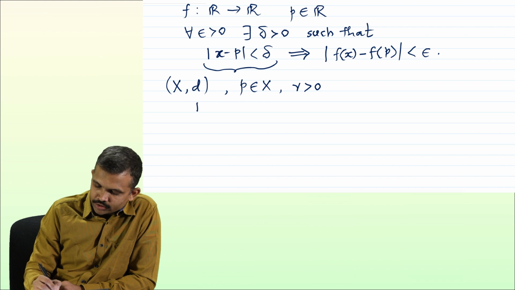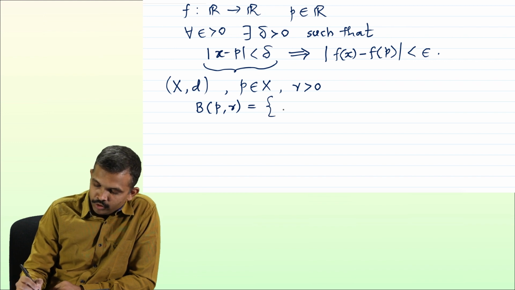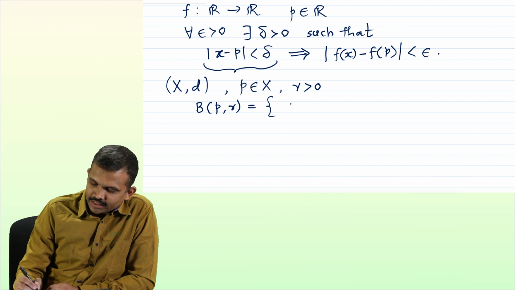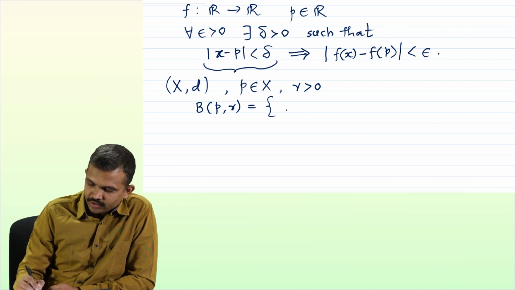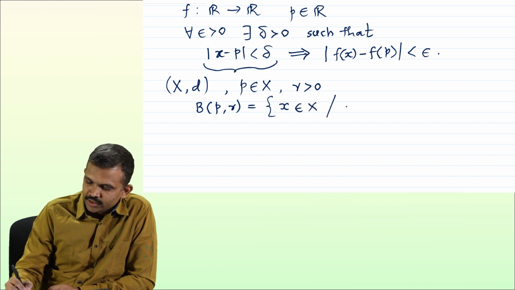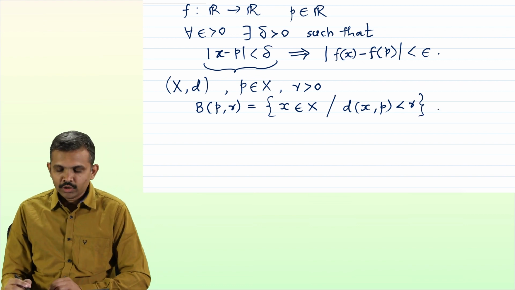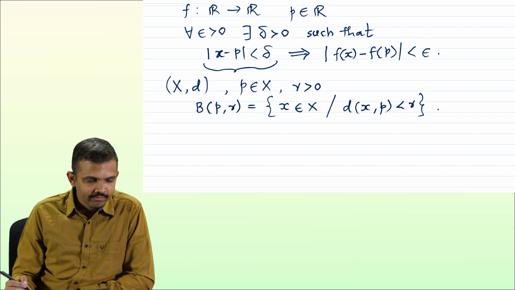The general notation is B(p, r), and it is the collection of all points from my space which are at a distance less than r from point p. So how do I write it as a set? It is the set of all points x in the space X whose distance from p, that is d(x, p), is less than r. This is the definition of an open ball.